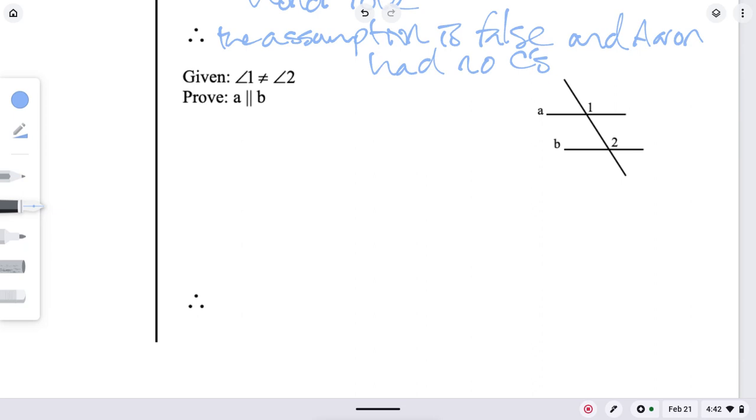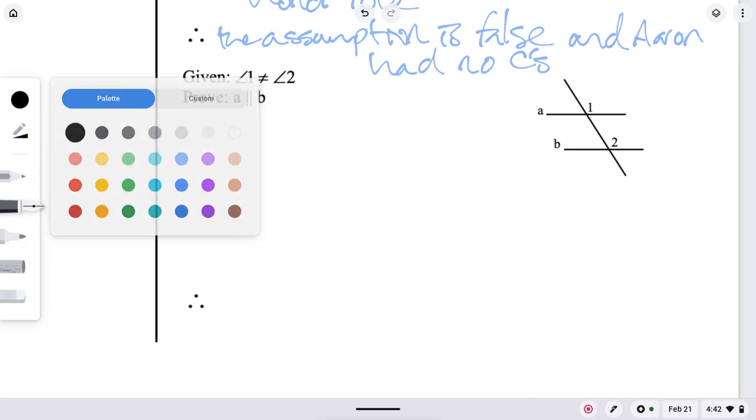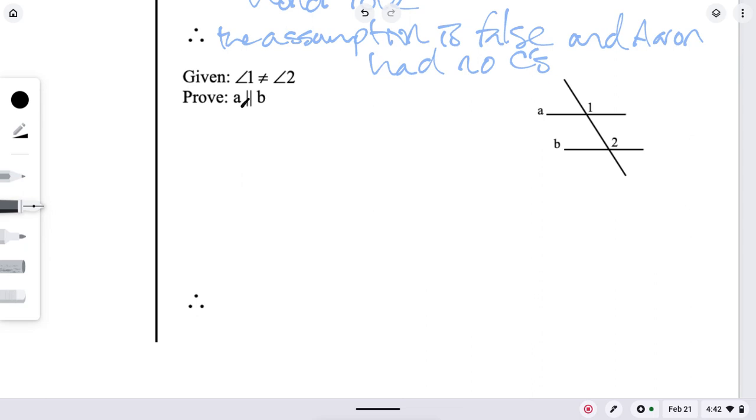This is exactly what we were talking about when we introduced those contrapositives and talked about how they're logically equivalent. If I can prove that the opposite, right, is not true, then it is also true.